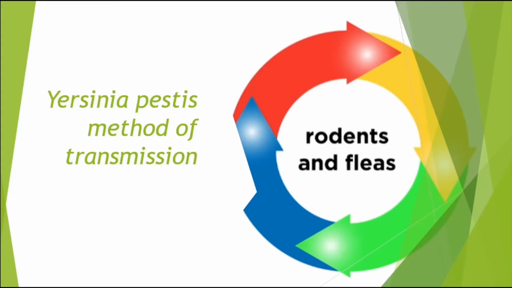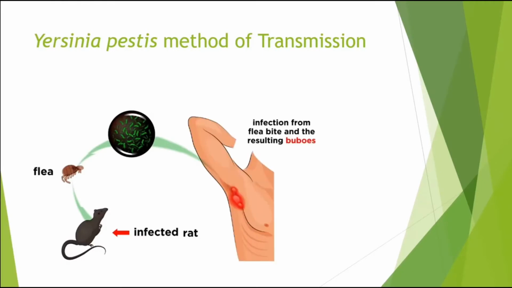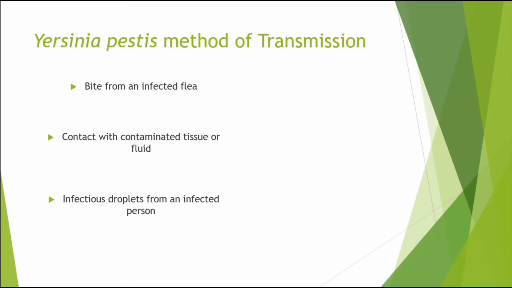Bacteria maintain their existence in a cycle involving rodents and fleas. Fleas become infected during a blood meal from an infected rat. The bacteria will then replicate in the gut of the flea, and then the flea can transmit the disease into another creature when it goes for another blood meal on a healthy host.